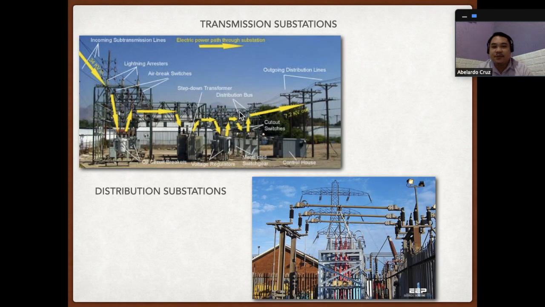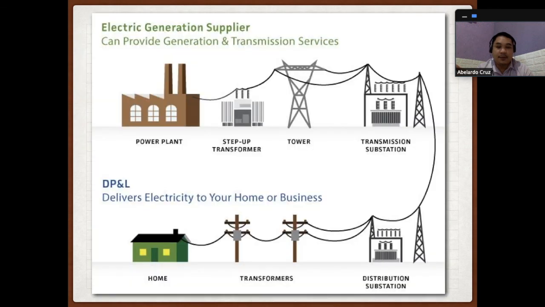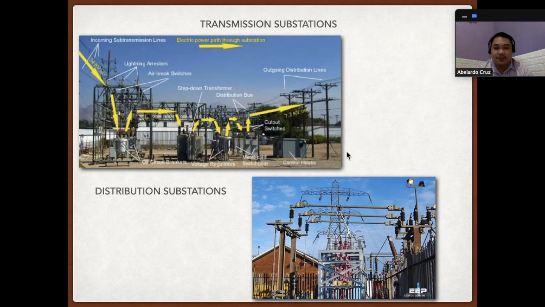The work of the transmission substation is to have a safer environment when we are using electricity. And we also have these distribution substations so that there is a safer distribution supply of electricity among the households.